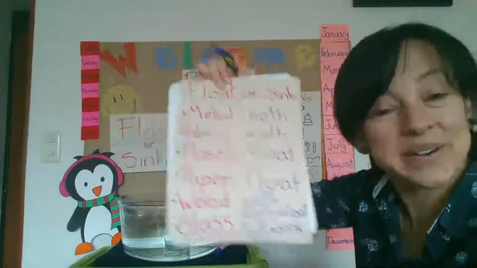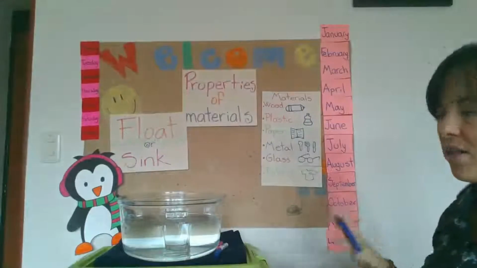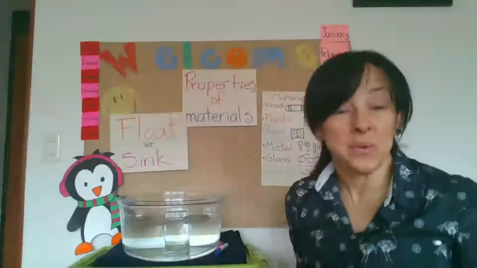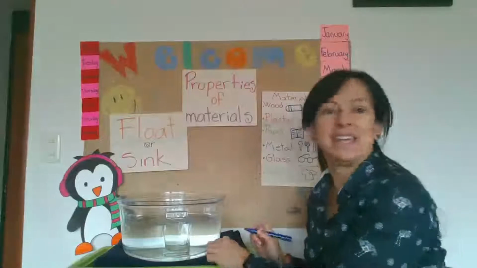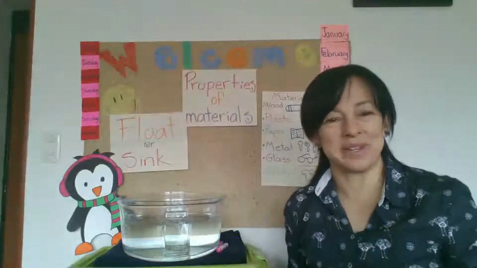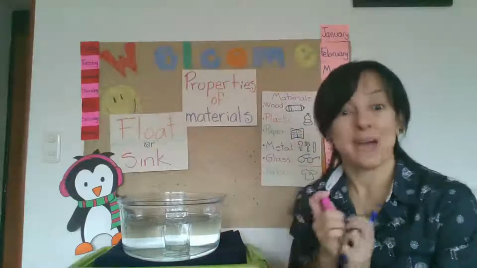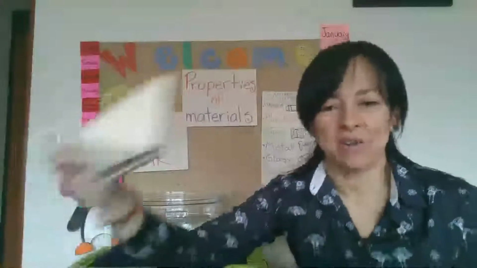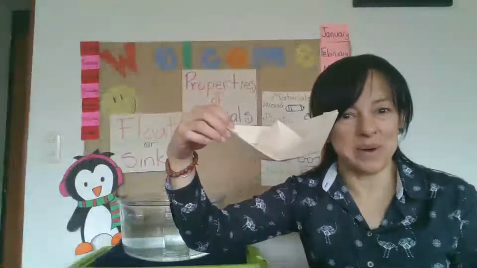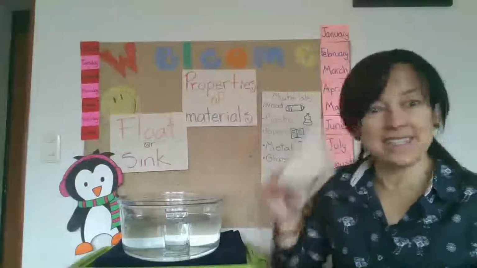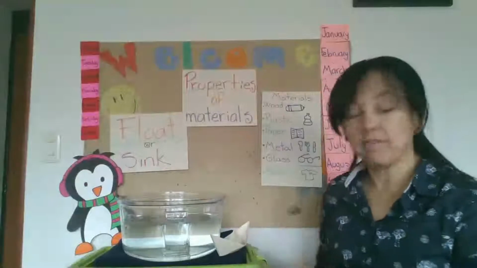Excellent. Very good. So we finished with all our materials and we discovered many interesting things about them, right? So right now, I'm going to teach you how to make our paper boat to play here. Let's see if my paper boat floats.